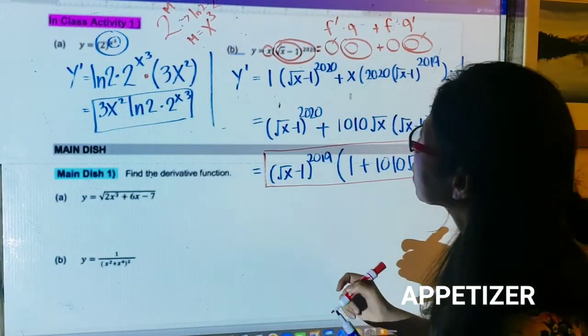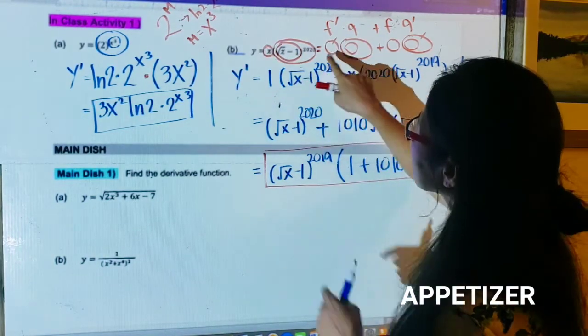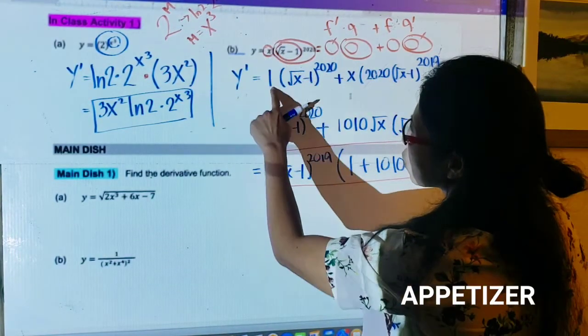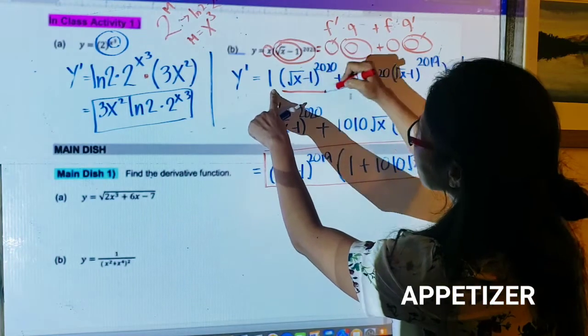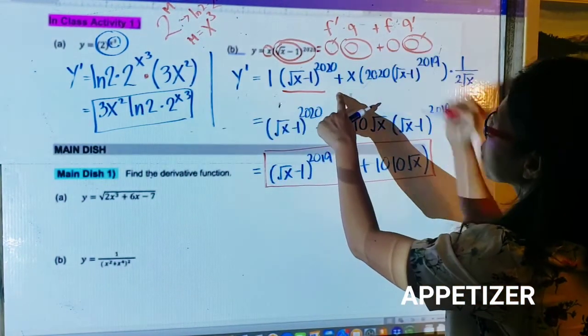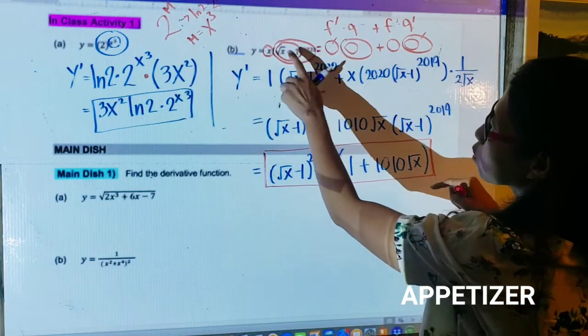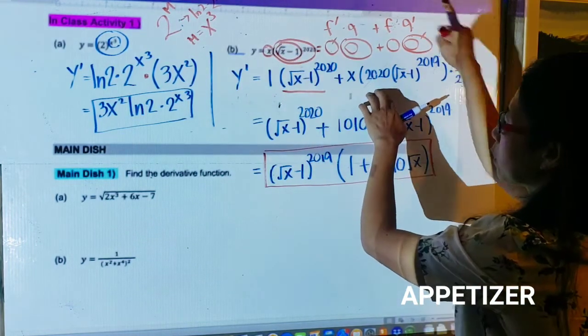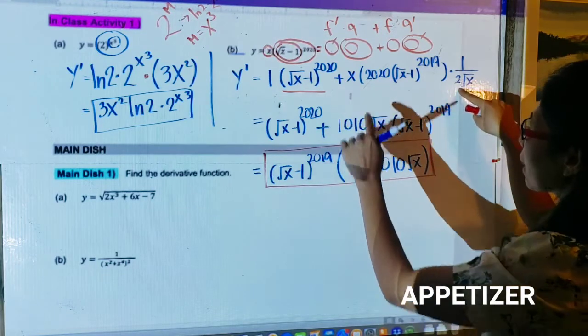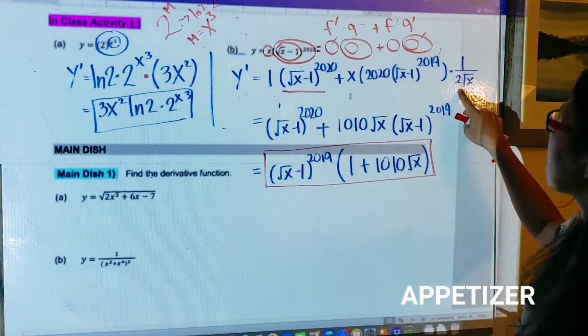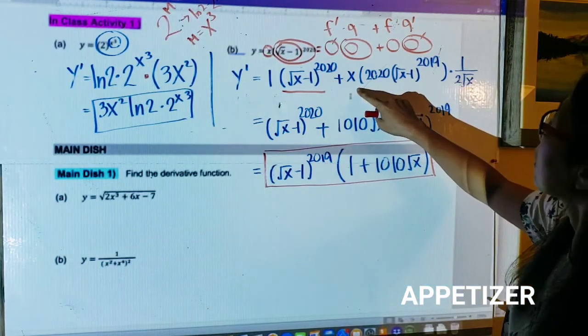I want you to see, first I took the derivative of the first function, which is 1, and then I copy down. Plus, careful, next I copy down the first one, which is x, and then I took the derivative of this one. If you look at this one, it actually simplifies really nicely.